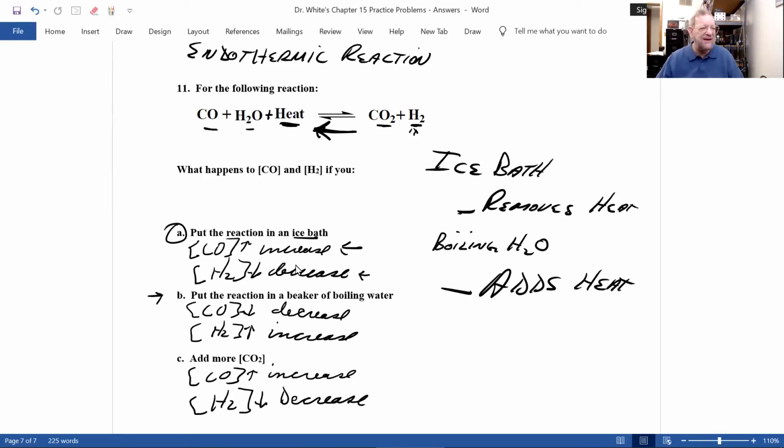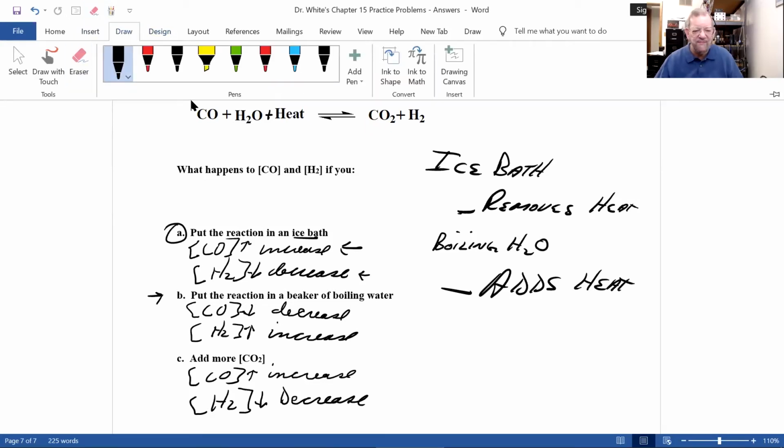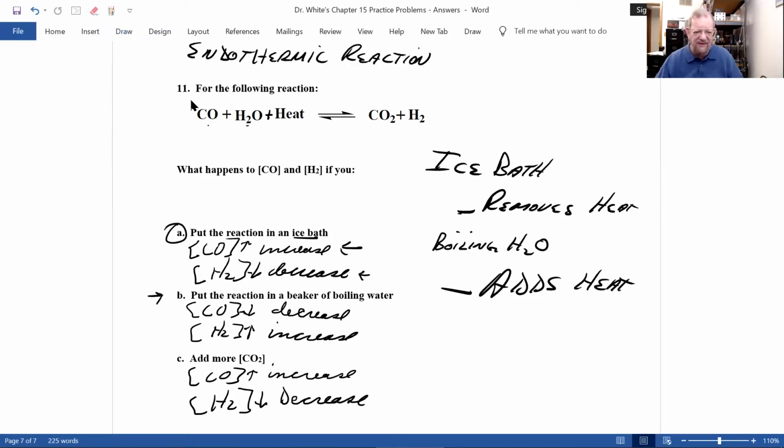And at equilibrium, you have a certain amount of CO, water, heat, carbon dioxide, and hydrogen. Now, since we put it in boiling water, we've added heat.